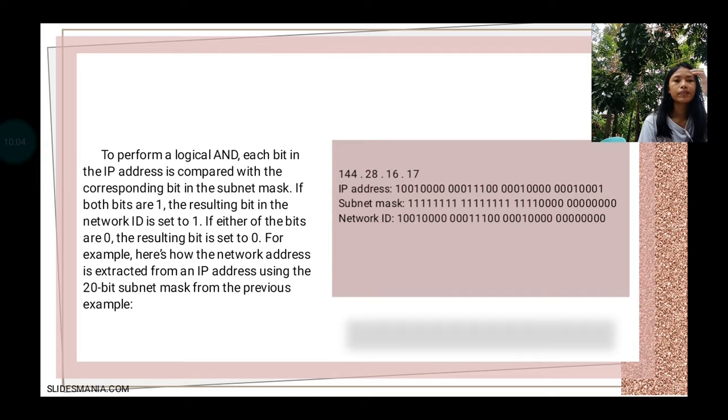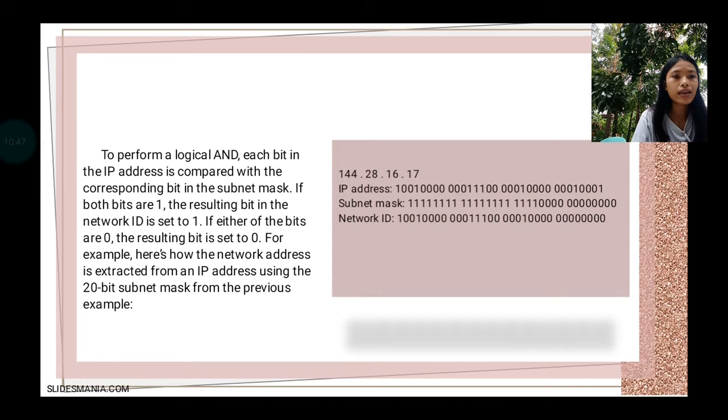So here our subnet mask also is in binary. If we convert it like the ones above in the IP address, it would be 255.255.240.0. From this binary IP address and subnet mask, we then perform the logical AND. If we compare the first bit in the IP address and subnet mask, which is both 1, then the first bit of our network ID would also turn to 1.